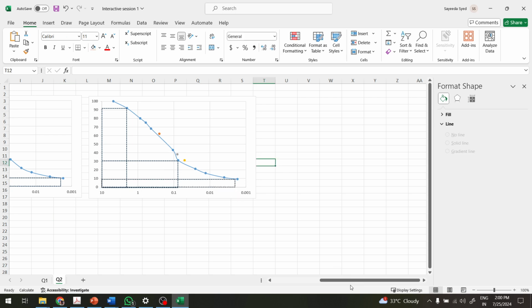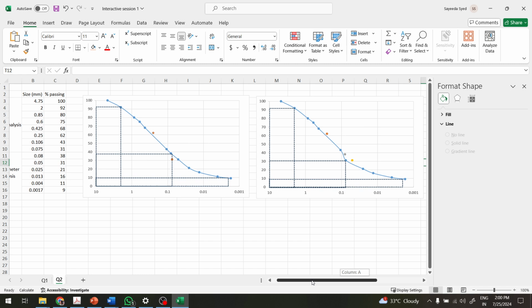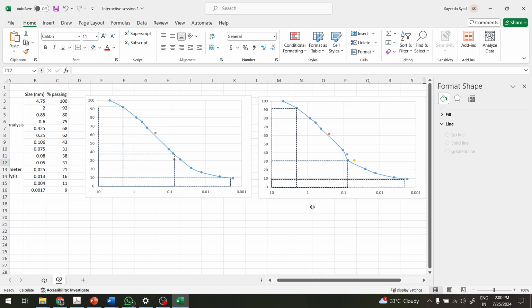Okay, so the question asks us what percentage is gravel, what percentage is sand, what's silt, and what is clay. So we can say, this is 0.075.